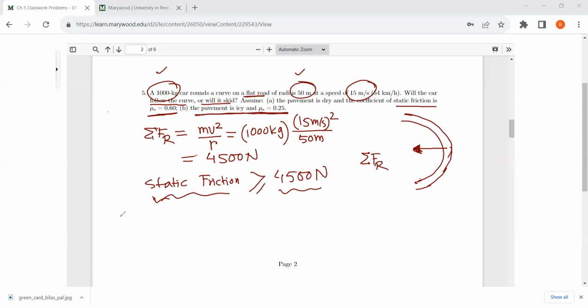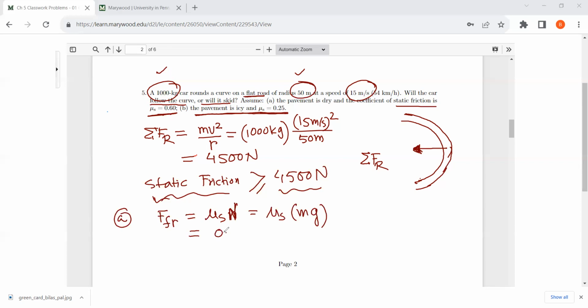For the first case, when mu s is 0.6, the static friction is equal to mu s times the normal force, and the normal force, as you remember, is m times the gravitational acceleration.